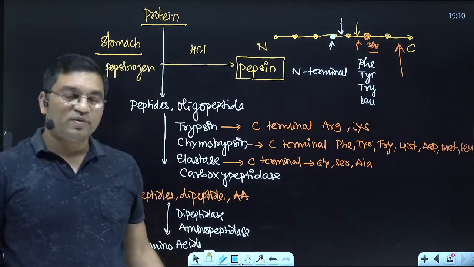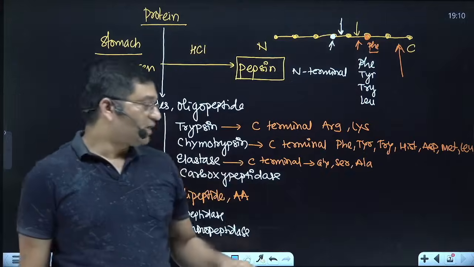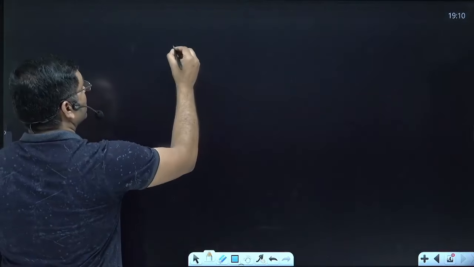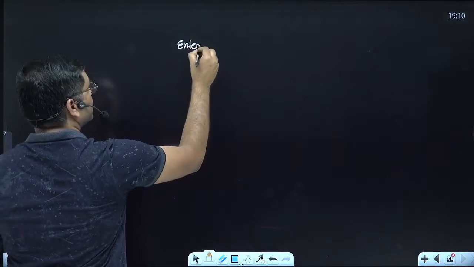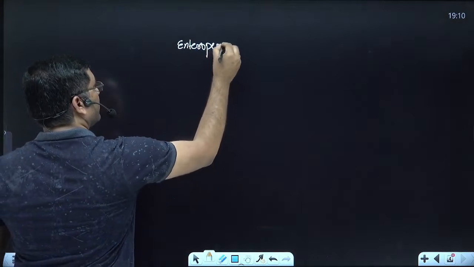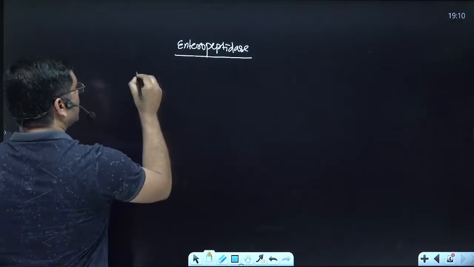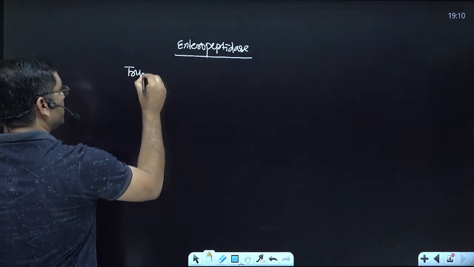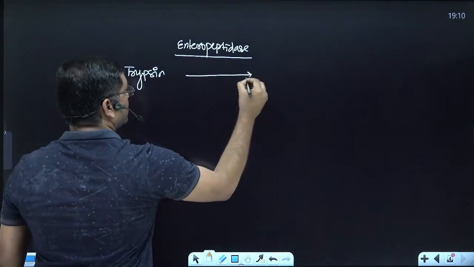How does the activation of enzymes occur? See, the enterokinase or enteropeptidase causes the conversion of trypsinogen into trypsin.